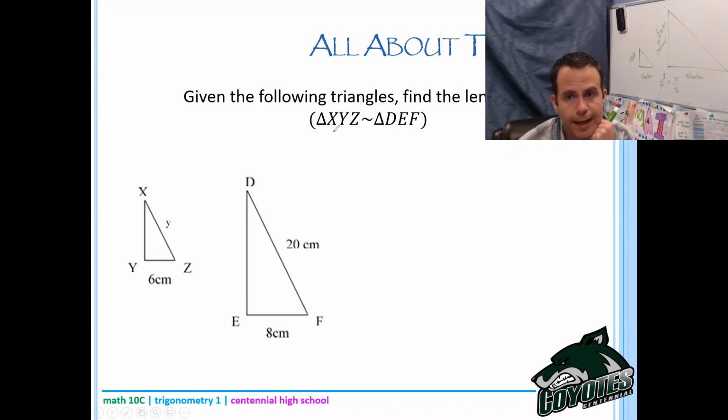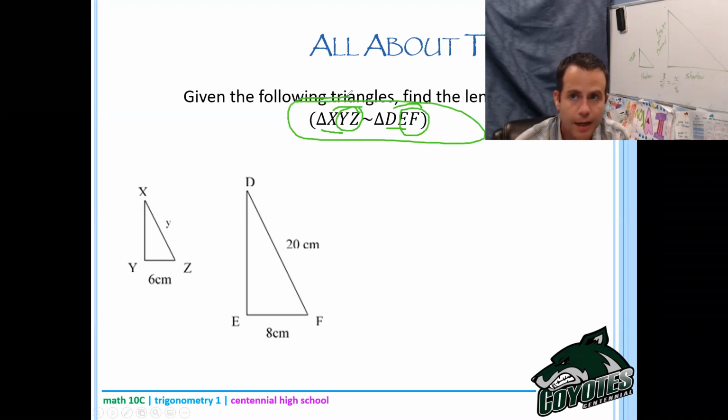So I know that X and D are the same angle, I know that Y and E are the same angle, and I know that Z and F are the same angle, okay? I know that side XY corresponds to side DE. I know that side XZ corresponds to DF, and I know that side YZ would have to correspond to side EF. Okay, so just based on the way they've written this, I can figure all those things out if I'm unsure.